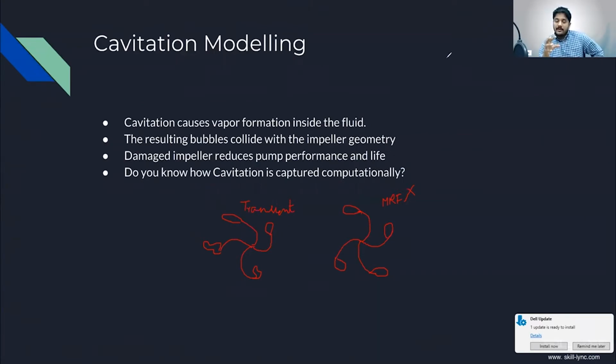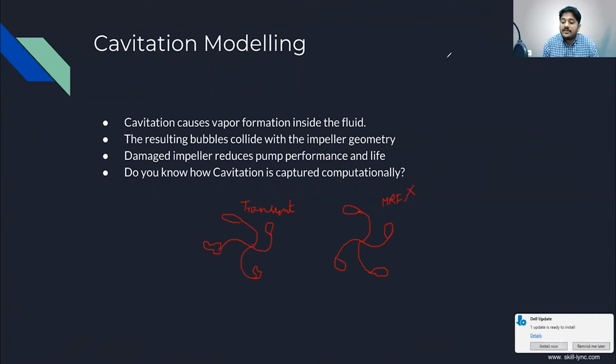This vapor is basically a new species. So you create something called a water vapor species, and this water vapor is transported throughout your centrifugal pump, and that is basically your vapor bubble. If you do the simulation, you'll be able to see how those vapor bubbles are formed, how they are stretched, and how they interact with the surfaces.